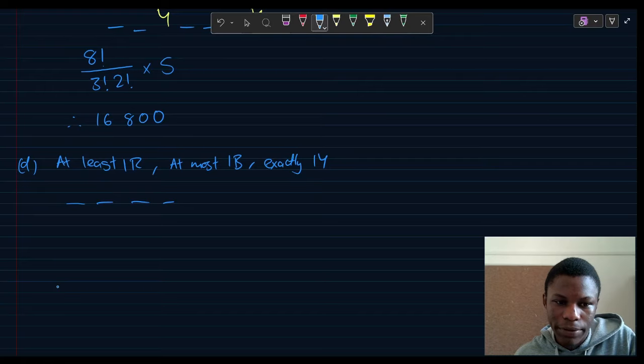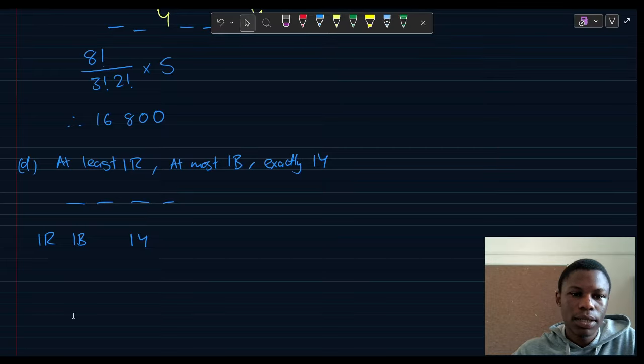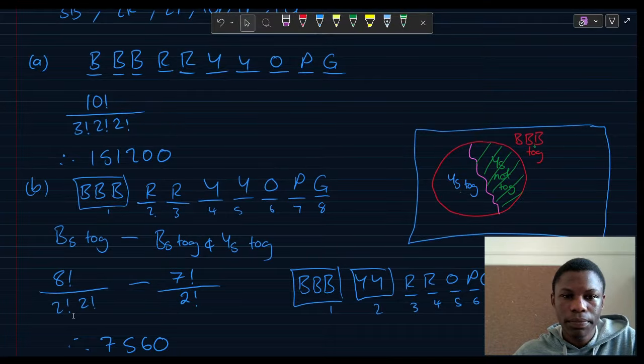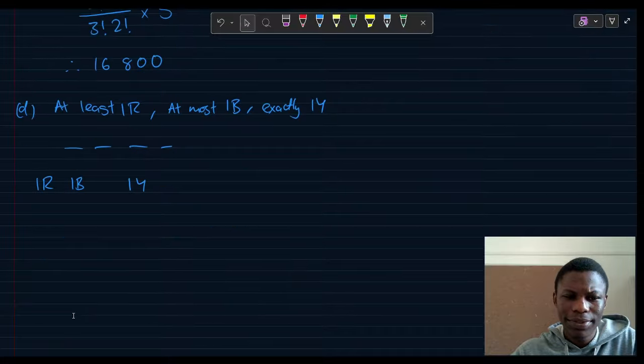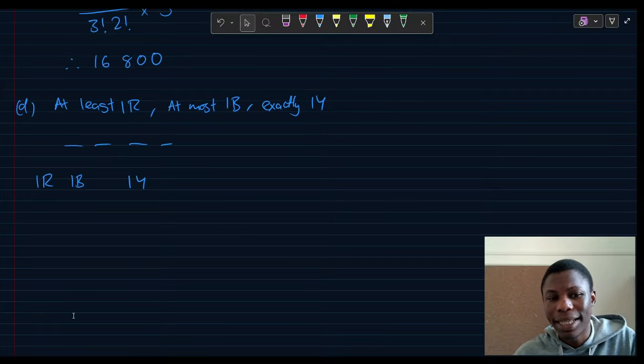So we could have 1 red, and we need to have 1 yellow, and at most we must have 1 blue. What are the other colors we had earlier? It doesn't really matter what the other color is.